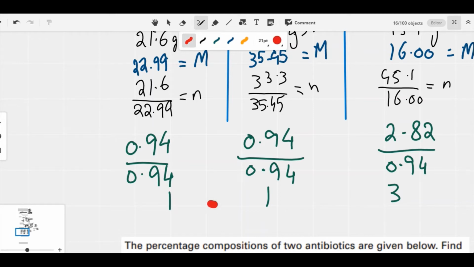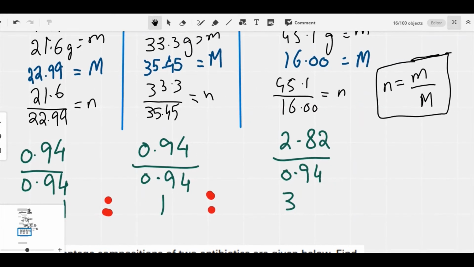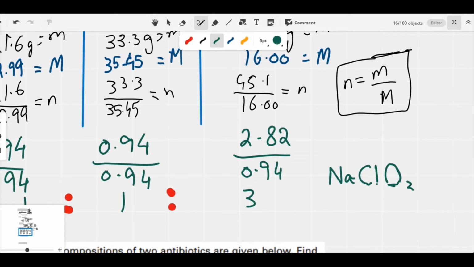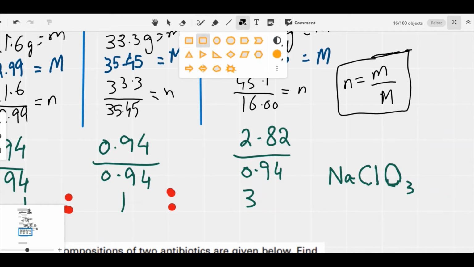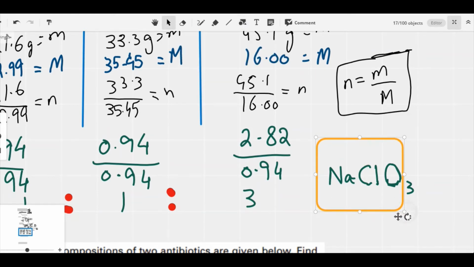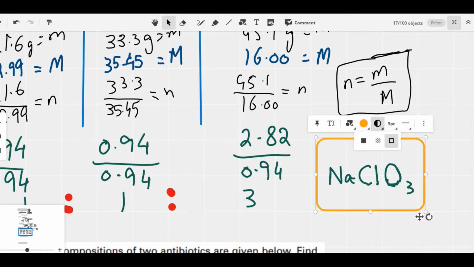So we got the ratio 1:1:3. It means the empirical formula contains 1 sodium, 1 chlorine and 3 oxygen. That is the way in which we can find the empirical formula, and that is our answer.